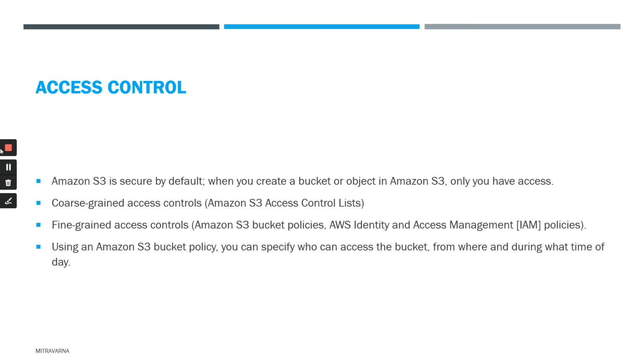Fine grained access controls are Amazon S3 bucket policies and identity access management policies, and coarse grained access controls are access control lists. Access control lists work at a lower level, whereas bucket policies and IAM policies work at a higher level. Using an Amazon S3 bucket policy, you can specify who can access the bucket, from where, and during what time of day.